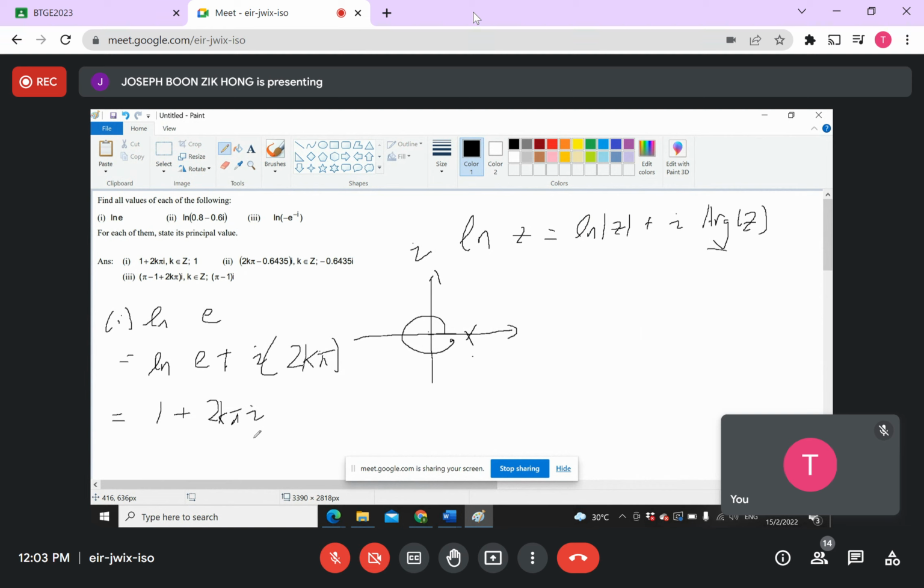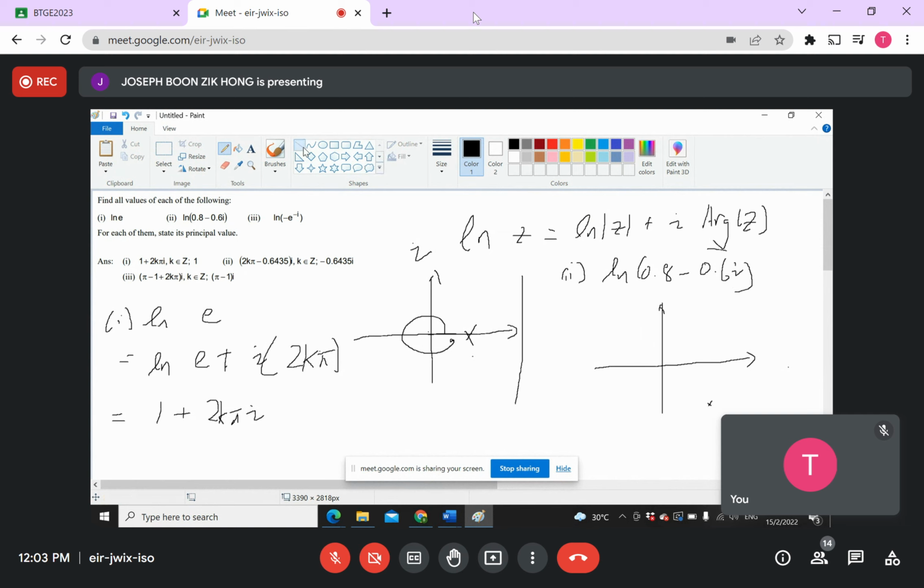Okay, just that simple. Now we have to look at the second one. Let me do it here: ln of 0.8 minus 0.6i. We try to find the argument first. 0.8 is positive, negative 0.6 is negative, so the point is somewhere around here.